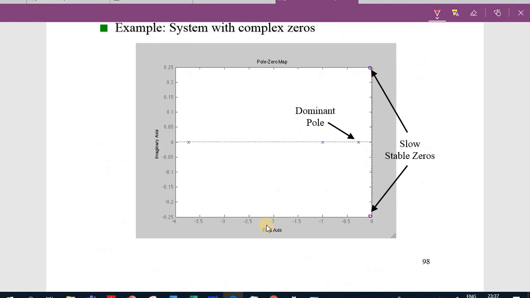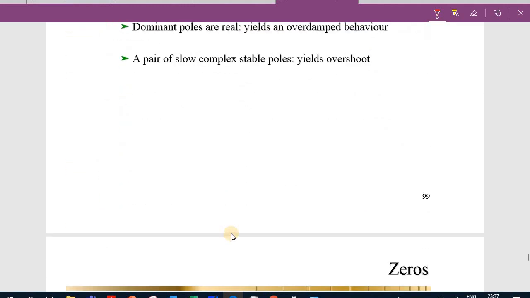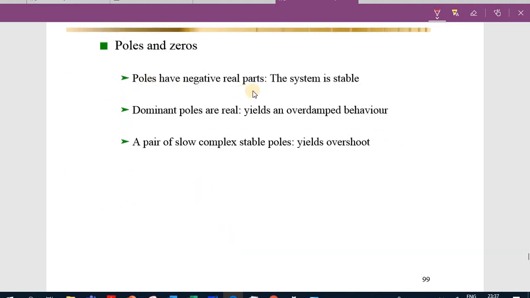Yes, that's right. So this is an overshoot. There is a zero here. So yes, there's an overshoot, and you can see here the poles have negative real roots, so it is stable. Dominant poles are real, so it has an overdamped behavior.